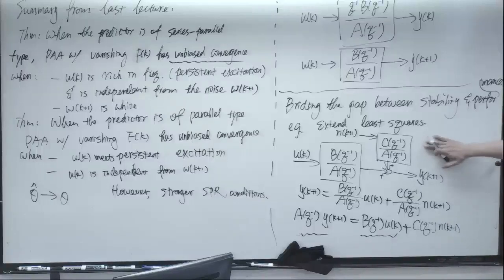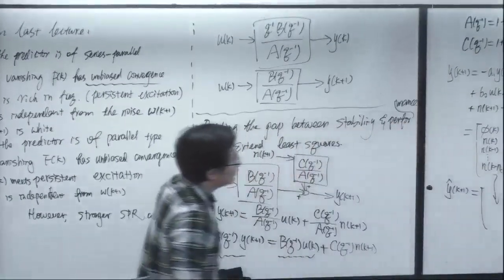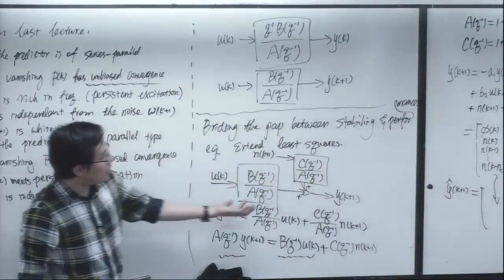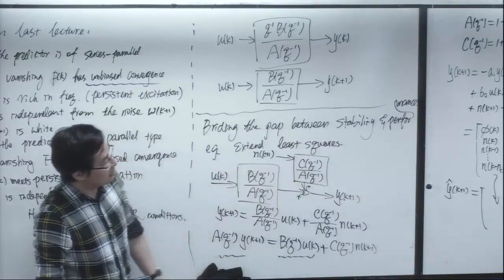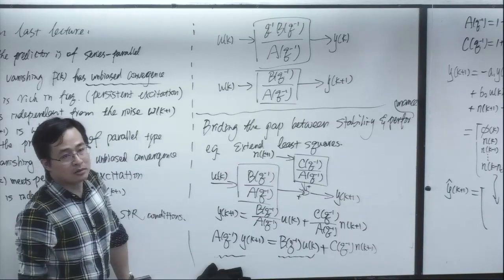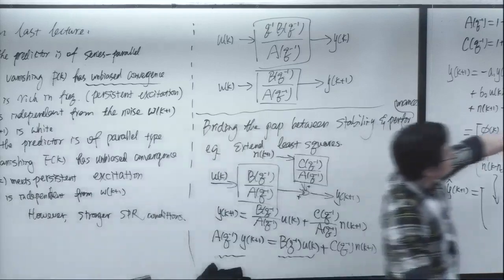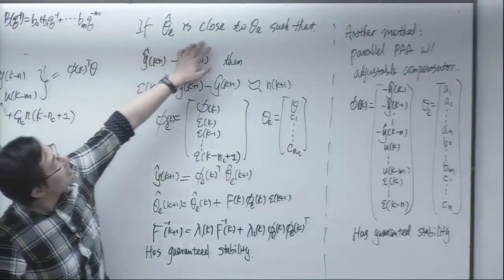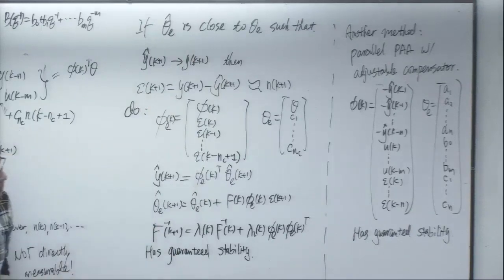If your system can actually be modeled this way, then this will have good convergence. And if in practice this is not the true system model, the convergence will, usually we call local convergence. You cannot have global estimation correctly. But if these are reasonably close to the true parameters, then you can have good convergence.